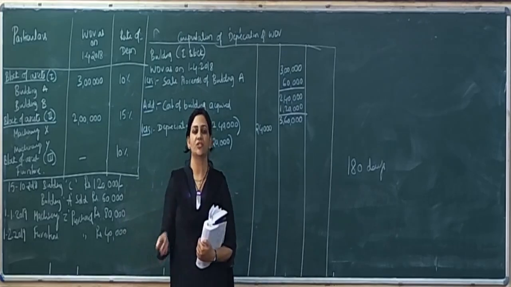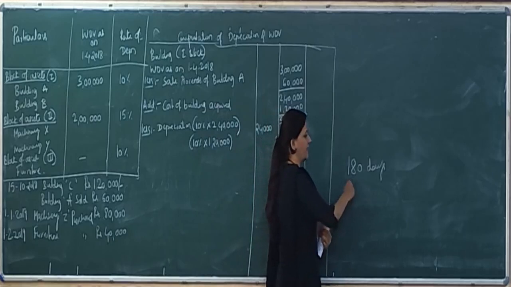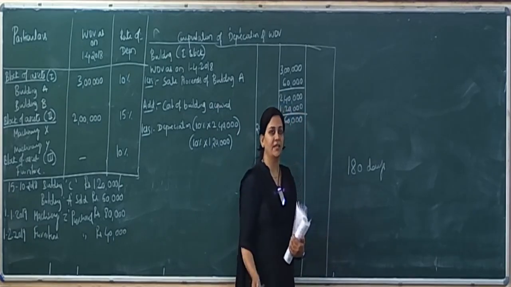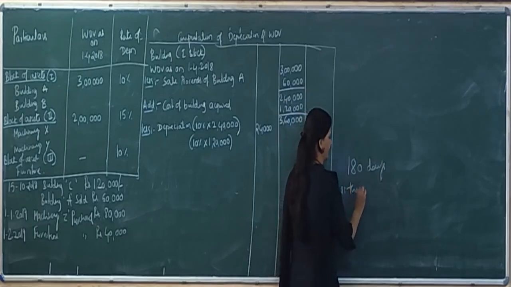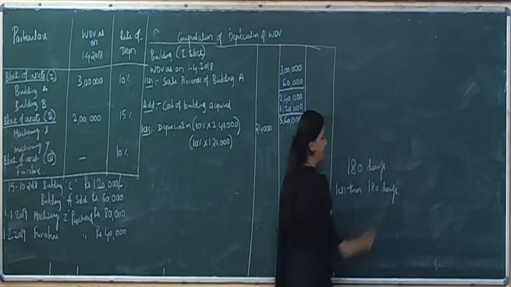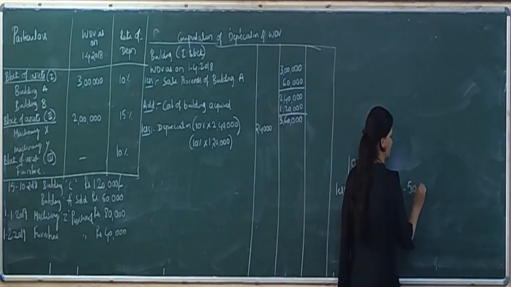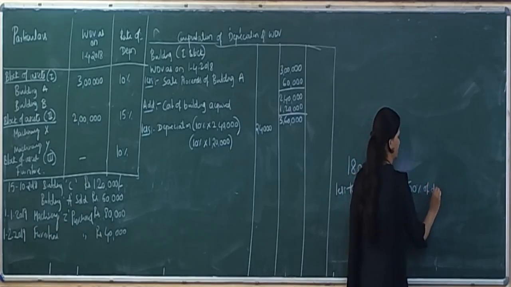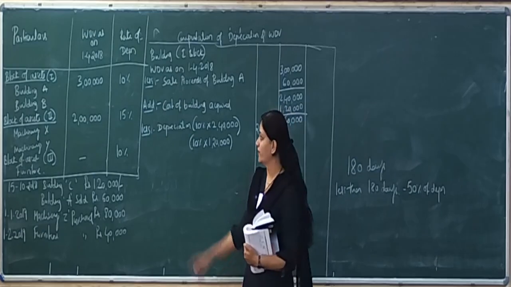If any asset is used for less than 180 days, then we need to provide 50% of the rate of depreciation.